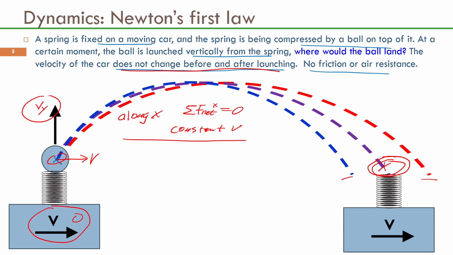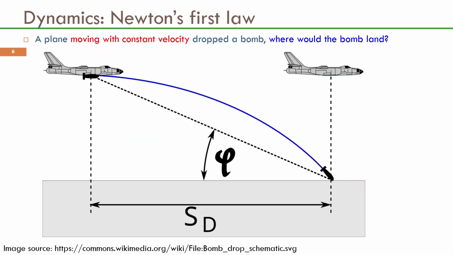This is very similar to the classical question about a plane dropping a bomb. So for example, if a plane moving with constant velocity drops a bomb, where would the bomb land? Before the plane dropped the bomb, the plane and the bomb have the same horizontal velocity.